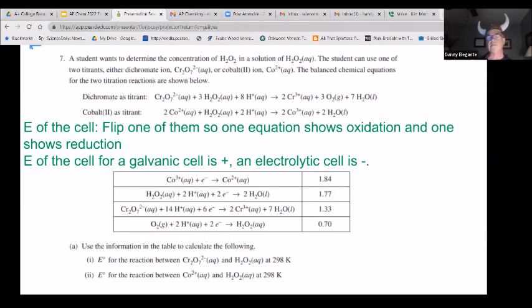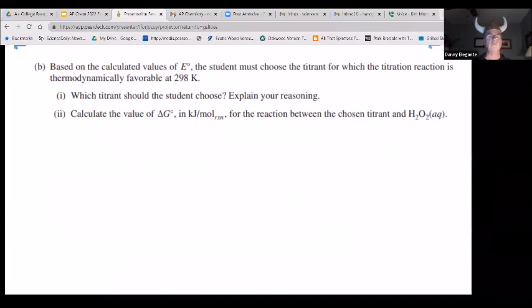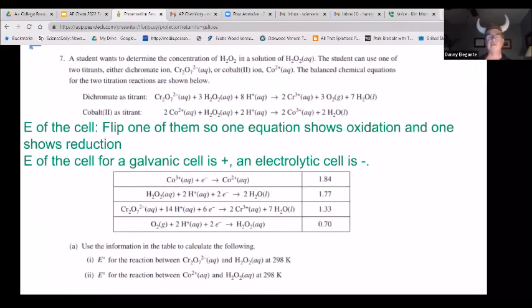So when it says, which titrant would you choose for something that's thermodynamically favorable, you have to find which equation, the dichromate as titrant or cobalt as titrant, gives you a positive E, right? So go ahead and spend the last couple minutes we have. See if you can find E for that first equation and E for the second equation.